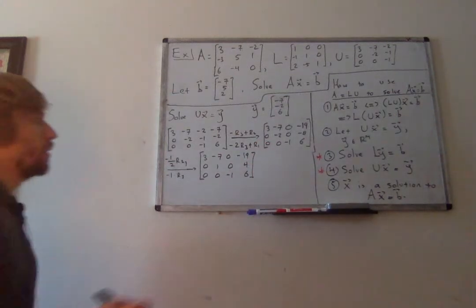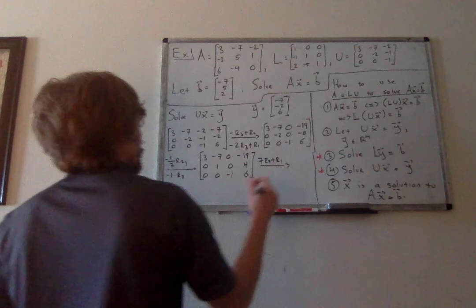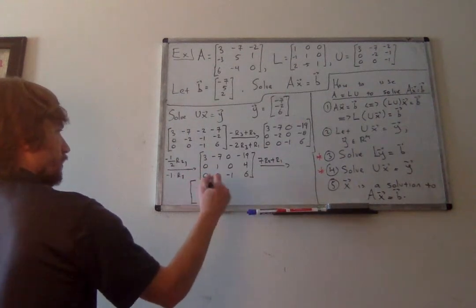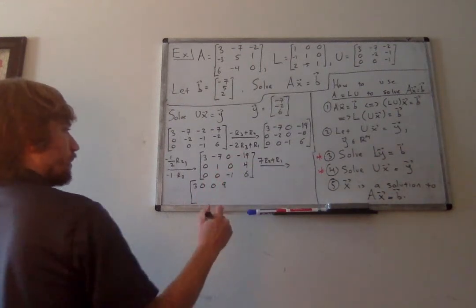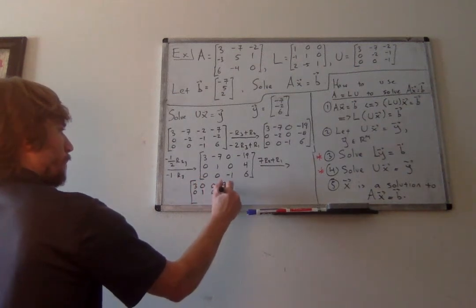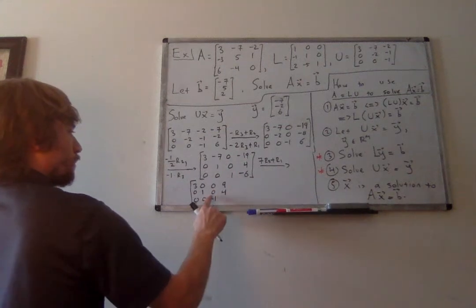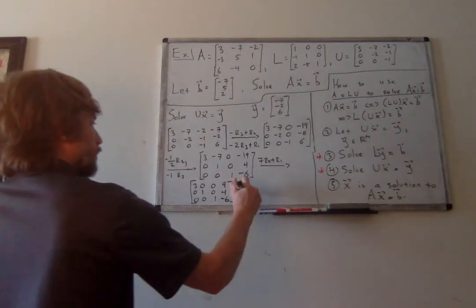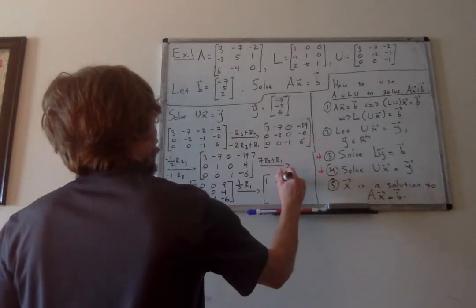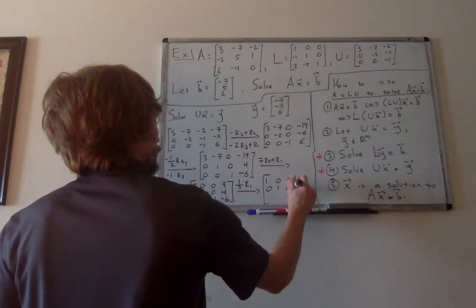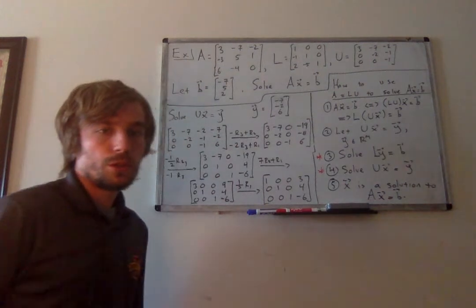And now I'm going to use row 2 to clear out row 1. So that should be +9. And that gives me my reduced matrix.